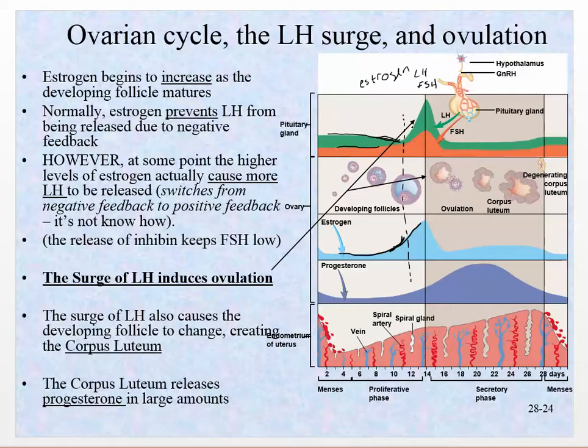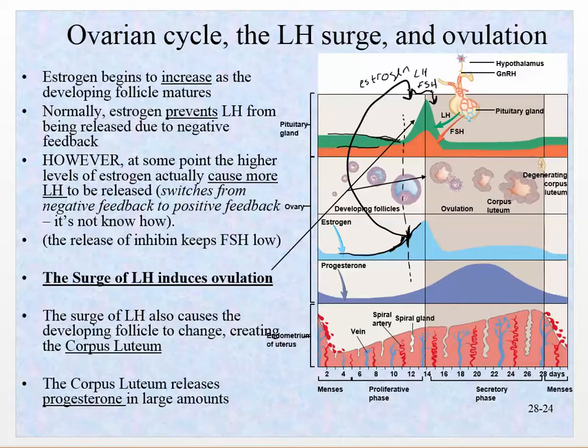It switches to positive feedback, and it says, okay, estrogen levels have reached a certain level, and usually there's a little bit of a dip there, but estrogen has reached a certain level, and so now it's going back and saying release tons of LH, tons of luteinizing hormone.